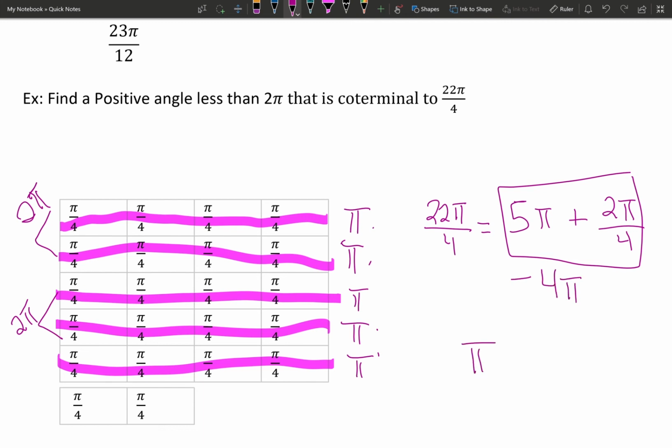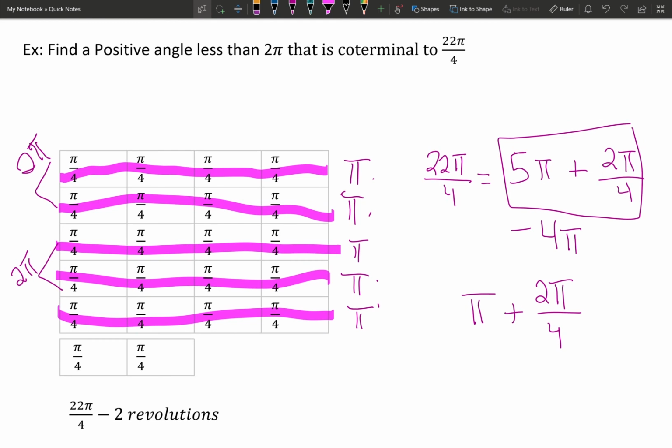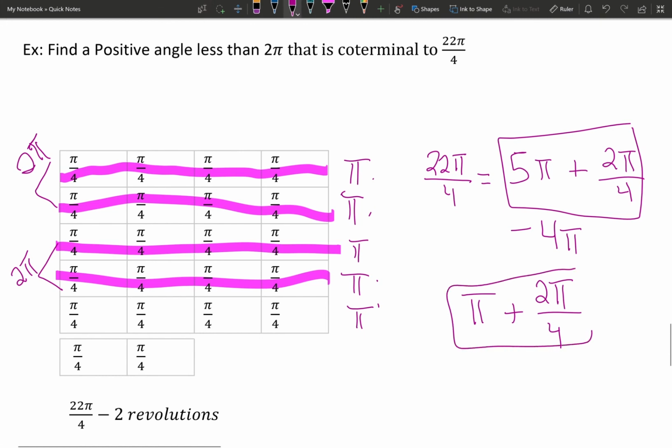I'm left with pi plus 2 pi over 4. So my resulting angle measure will be this row plus the last row. Pi plus 2 pi over 4s. So this will be my coterminal angle if I add these two together.